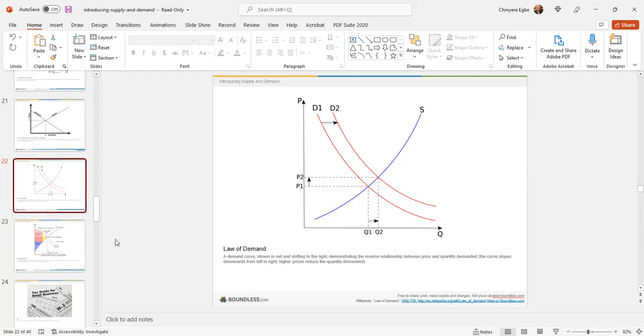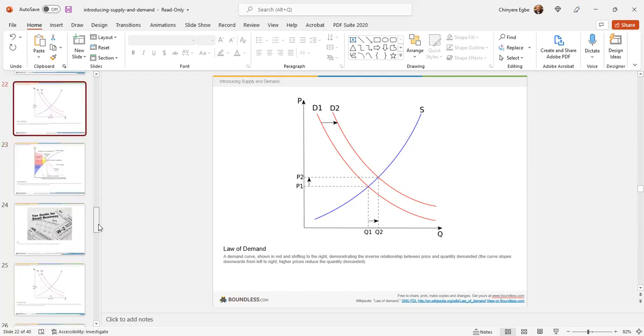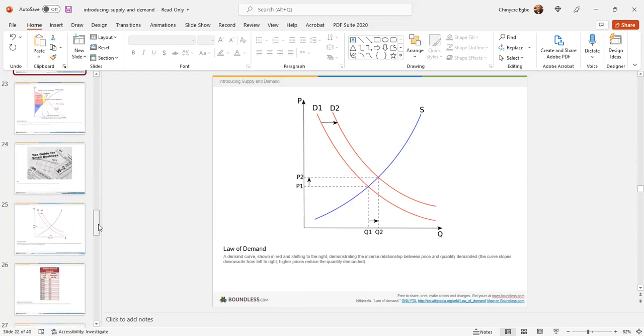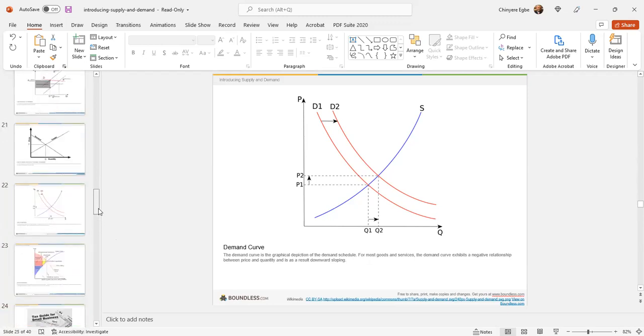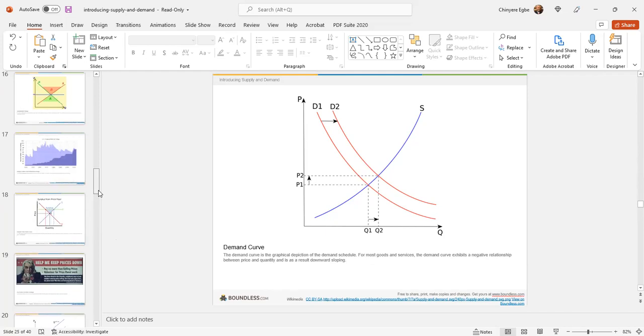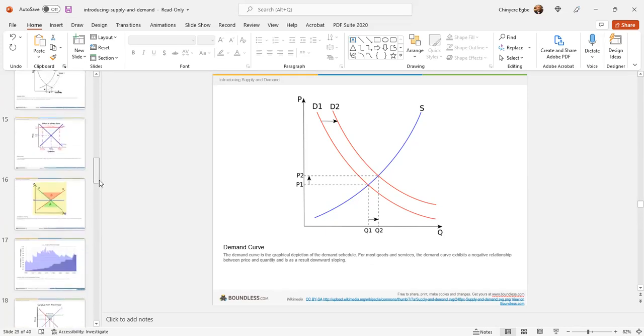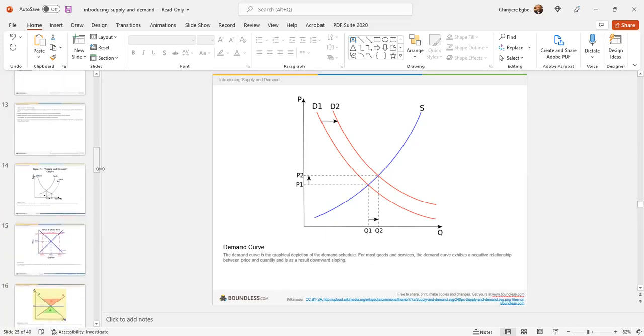Now, the same thing goes for supply, okay? There can also be an increase in supply. But before I even talk about changes in supply, what other factors could cause a change in demand? Okay, the size of the market could increase.